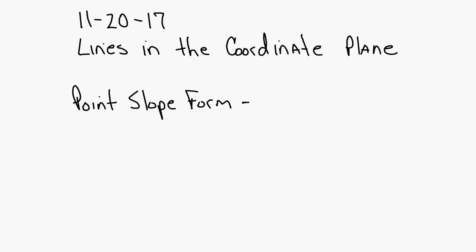When you write an equation of a line in point-slope form, the equation looks like the letter y, and then you write the opposite of the y value given, and that's read as y minus y sub 1. And it's equal to m, which is the symbol for slope, and then in parentheses the letter x, and then the opposite of the x coordinate given, which is read x minus x sub 1.